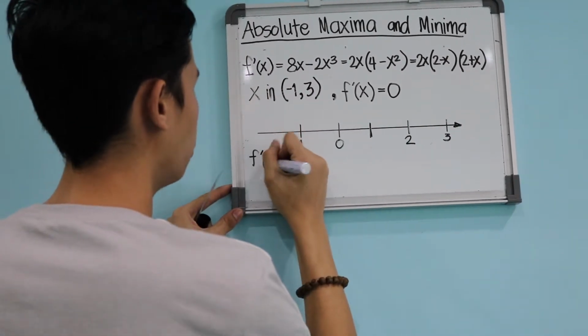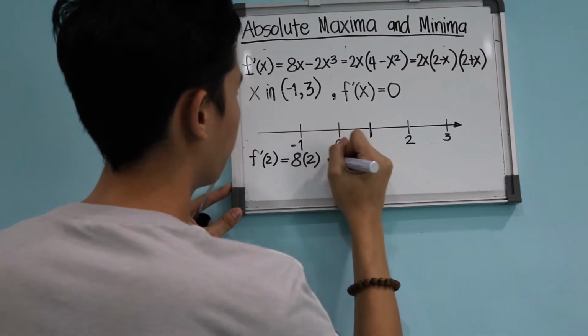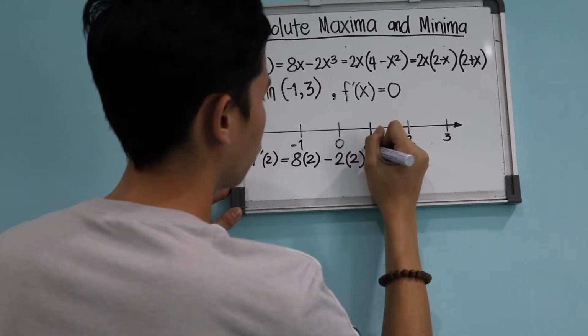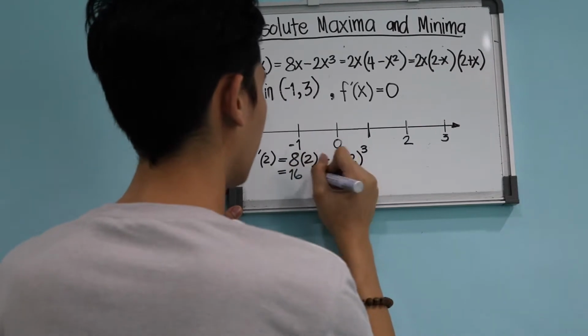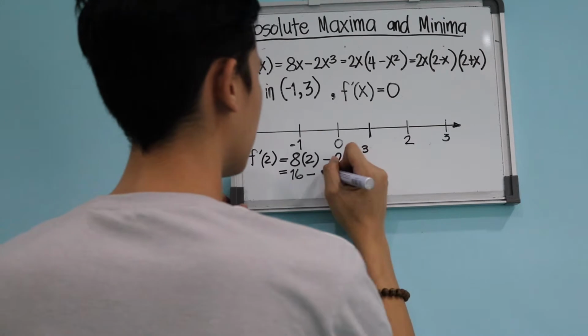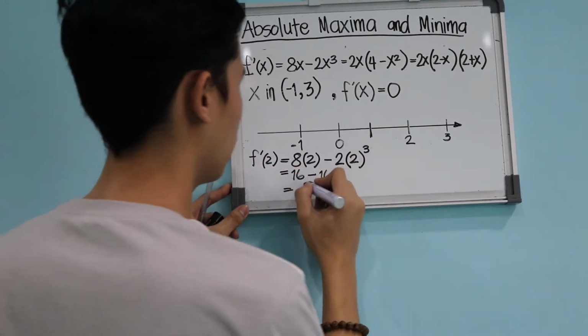F prime of 2 is equals to 8 times 2 minus 2 times 2 cubed. So 8 times 2 equals 16 minus 2 times 2 cubed, which is 8 times 2 equals 16. 16 minus 16 equals 0.